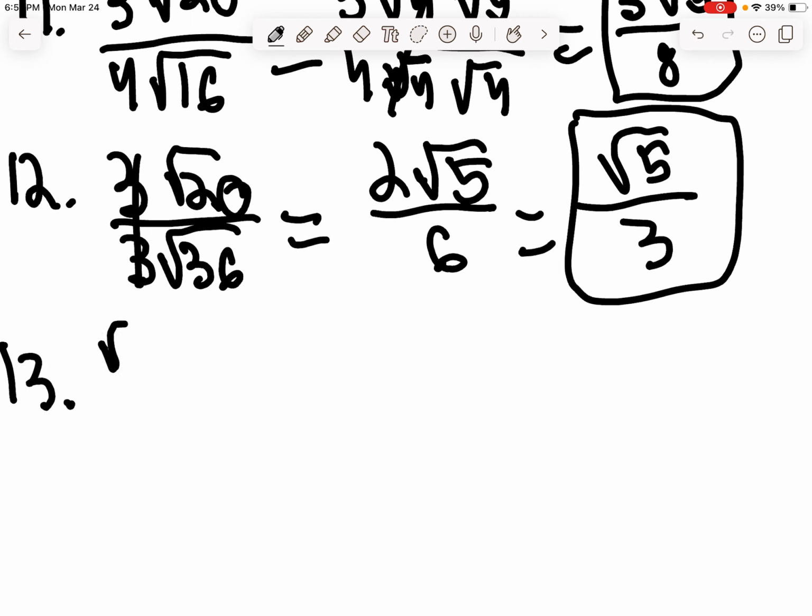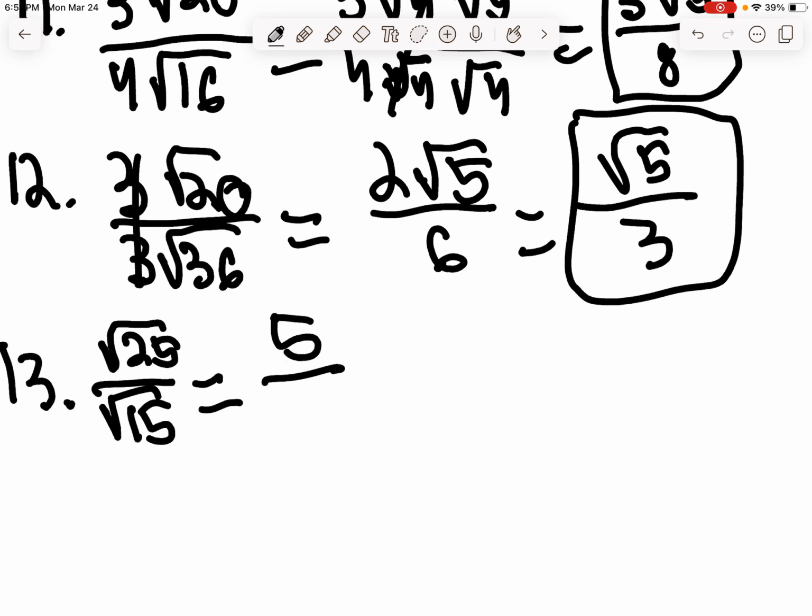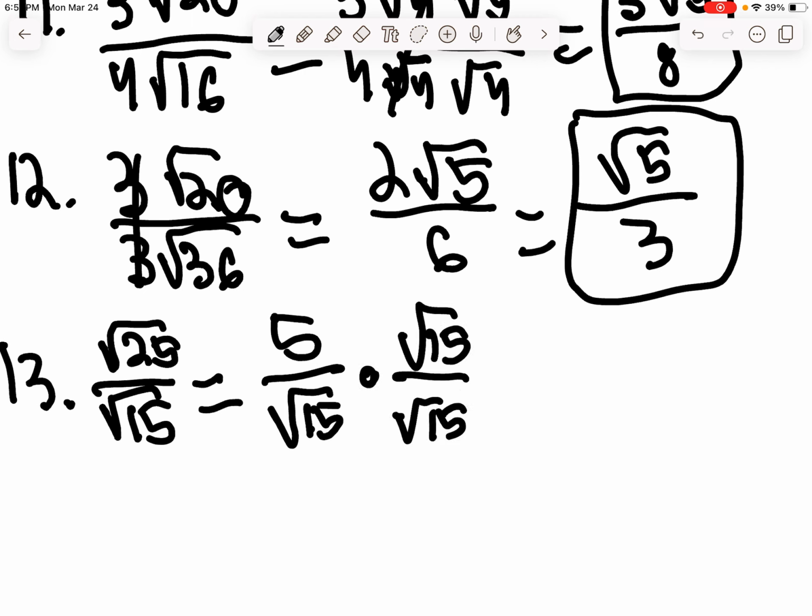Anyway, square root of 25 over the square root of 15. The square root of 25 is 5, over the square root of 15, which cannot be simplified. So we just multiply by square root of 15 over square root of 15.